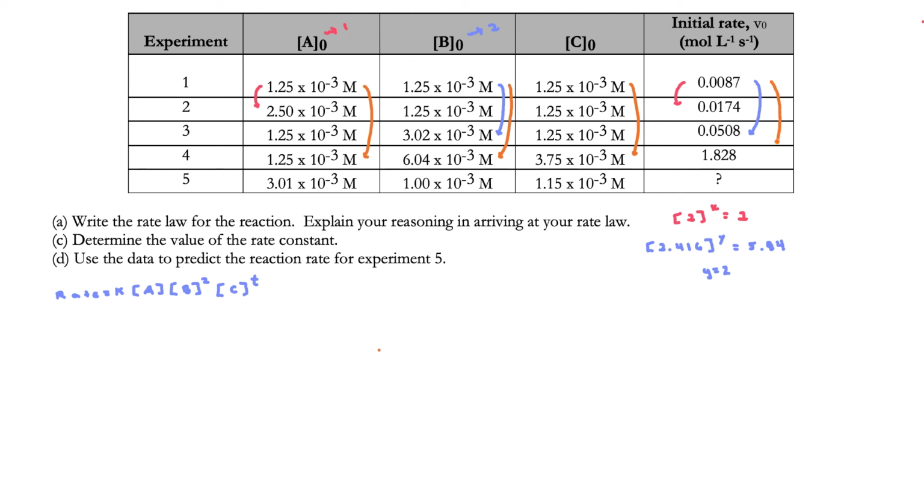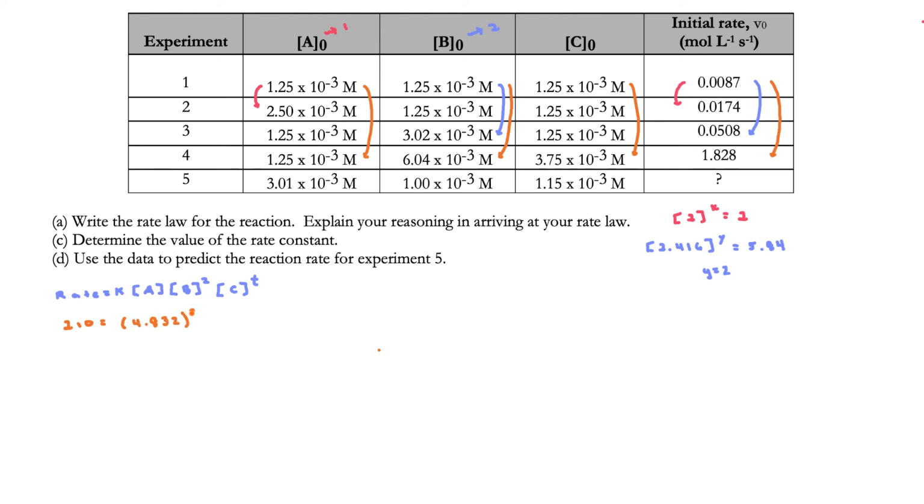So I'm going to plug in my values to determine the order for C. Going from experiment 1 to experiment 4, if I took 1.828 and divided it by 0.0087, what you get for the change in rate is an increase by a factor of 210. Then my concentration of B, going from 1.25 times 10 to the negative third to 6.04 times 10 to the negative third, is increasing by a factor of 4.832. So not a pretty number, but that is okay.